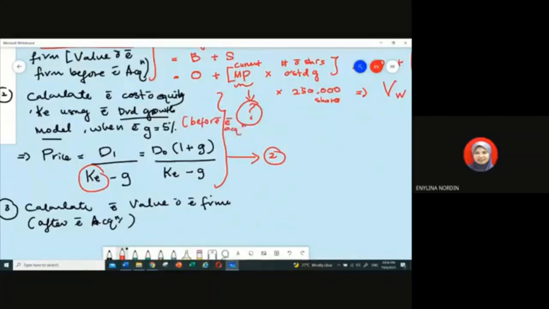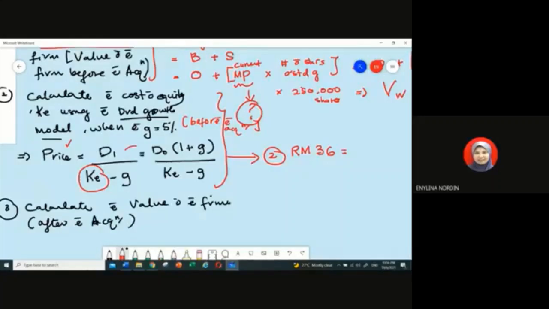So we are going to use the current data for both companies, but this one is for Wangsa Setia. We already have this one, based on our calculation just now, 36 ringgit.